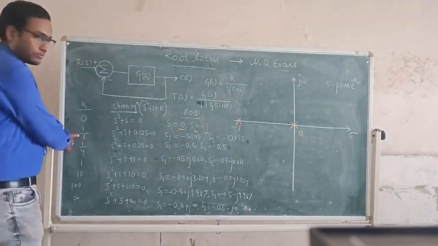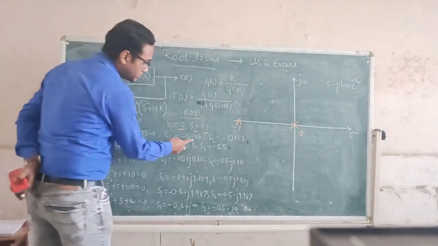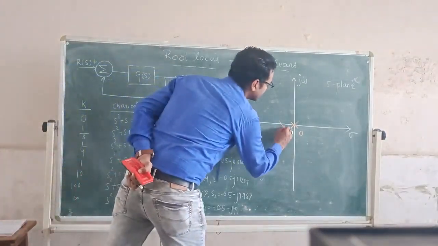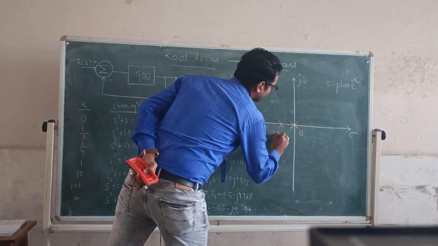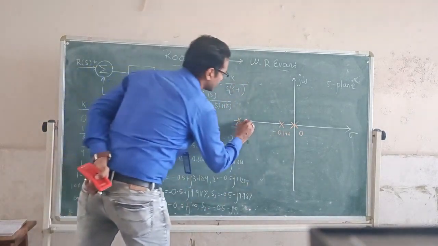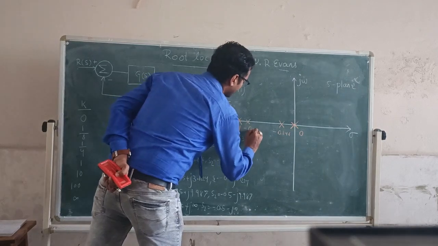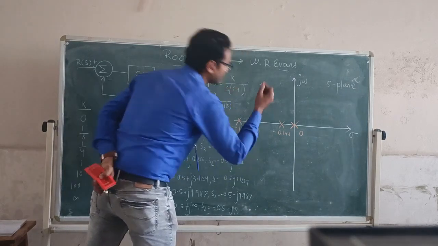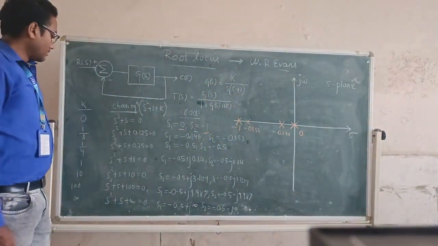Then when k is 1 by 4... sorry, for an intermediate k, where are my roots? Suppose this is -0.146 and this is -0.853.